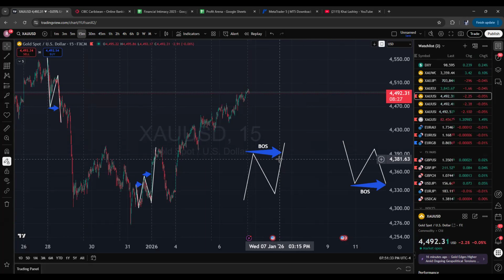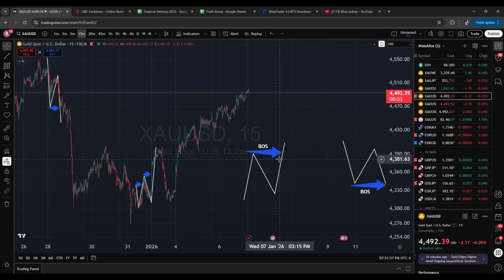So two things you want to think about when we're looking at entries. The two questions you want to ask yourself are when and where. Keep it simple. When am I looking to enter the market, and where am I looking to enter the market?